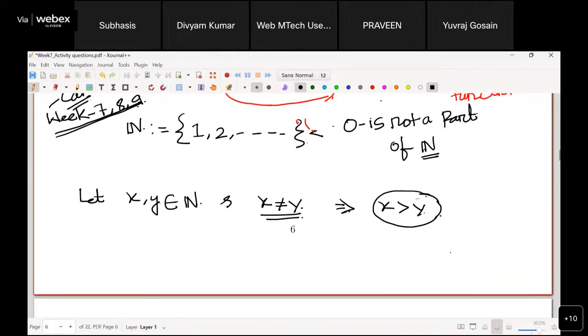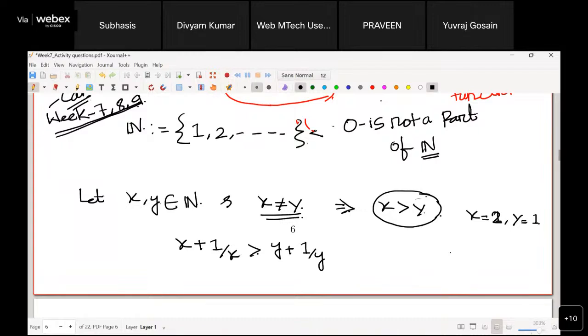Then one thing I can tell is that x plus 1 by x is also greater than y plus 1 by y, because I have two natural numbers. Suppose x is 2 and y is 1.